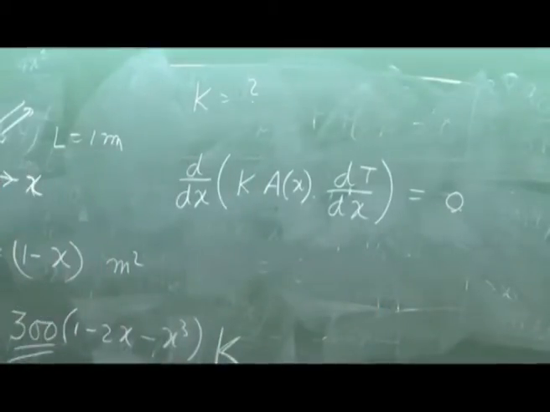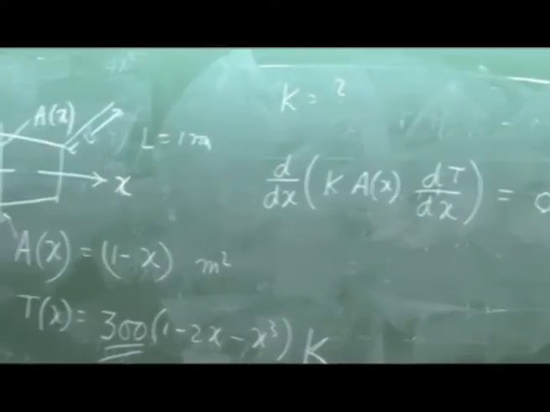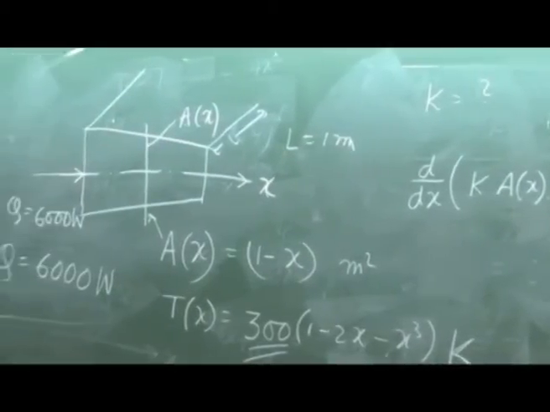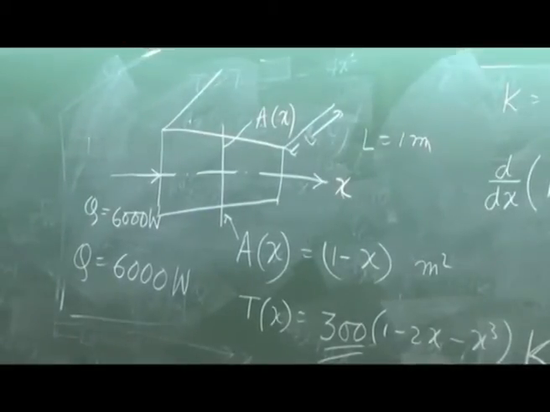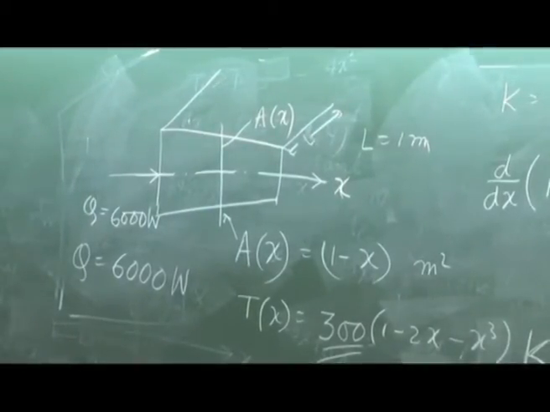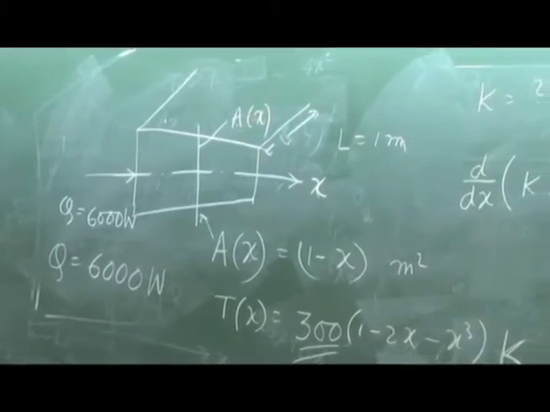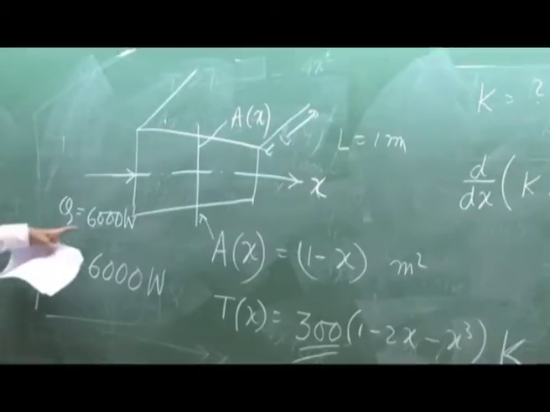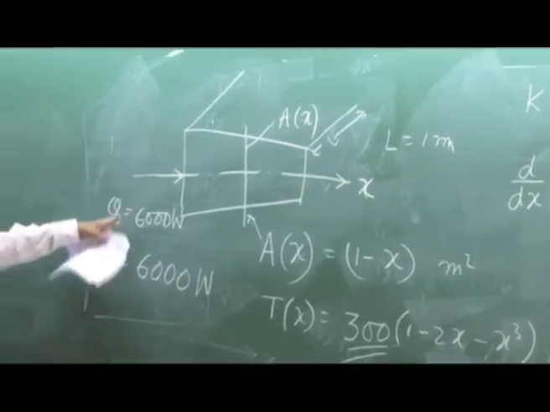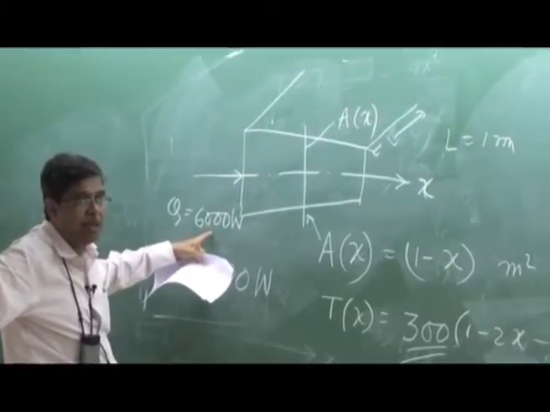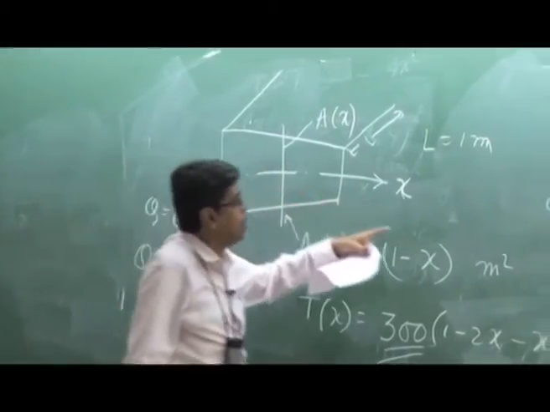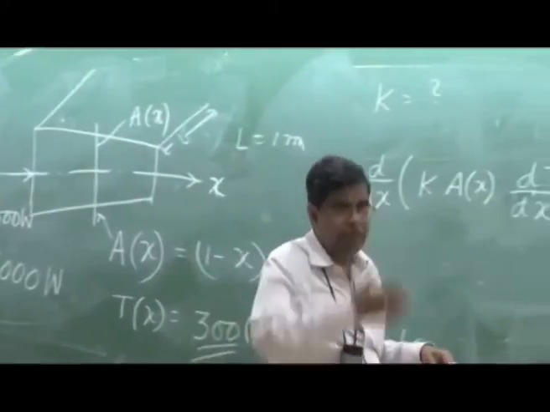That means K A(x) dT/dx is constant. But we are not interested in the temperature distribution. Temperature distribution is known. So what we have to do to find out the K? We know the total heat transfer, not heat flux. I am sorry, here the heat flux will not be constant, because it will be times the area.